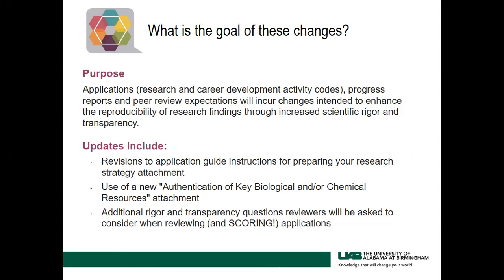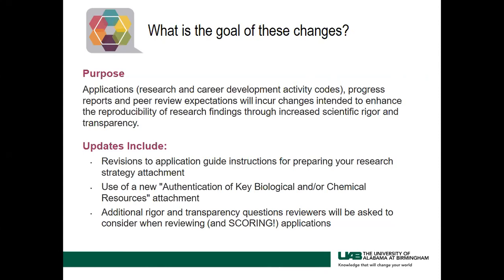There are going to be rigor and transparency questions. They completely revise the application, and in NIH studies, now when you go to study section, you get the questions. Scientific premise. Have they discussed sex and other biological variables?